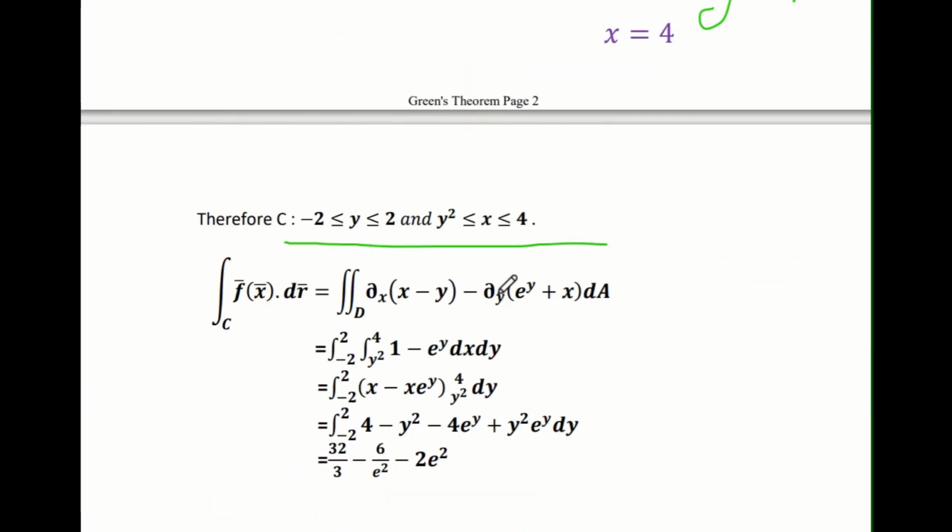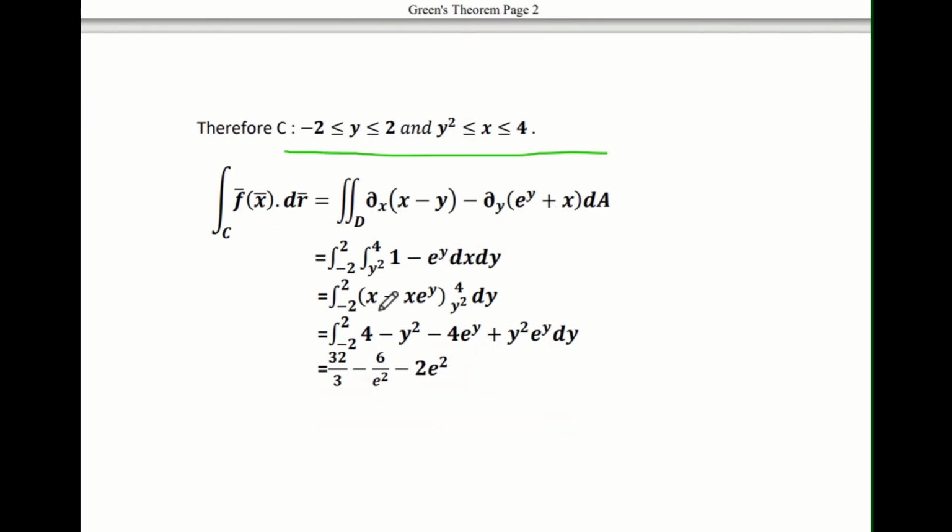The partial derivative of the second component becomes 1 in this case, and the partial derivative of the first component with respect to y becomes e to the y, because x is now a constant and e to the y doesn't change when we differentiate it. And now we first take the integral with respect to x, right?